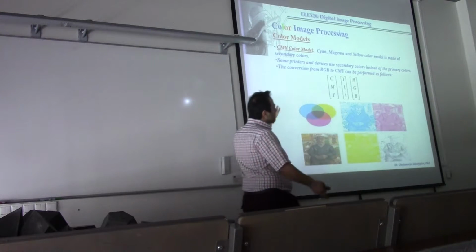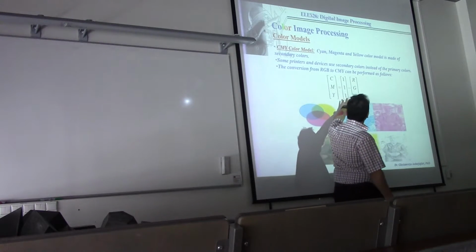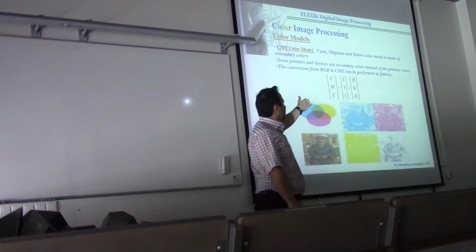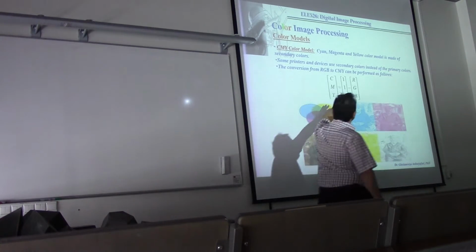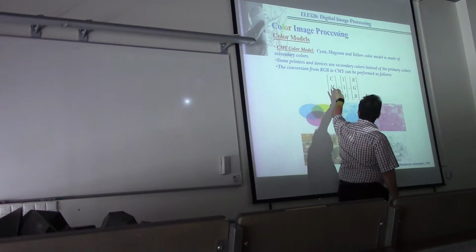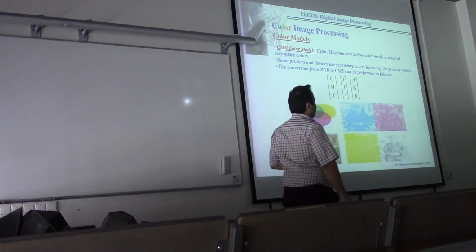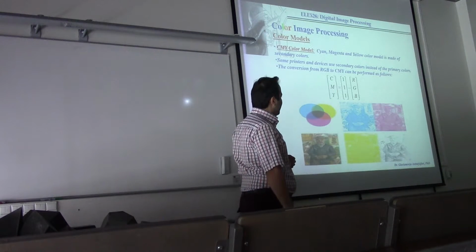How can we do it? You can see easily we can generate it from this equation, 1 minus R to generate the cyan, 1 minus G to generate the magenta, and 1 minus B to generate the yellow.